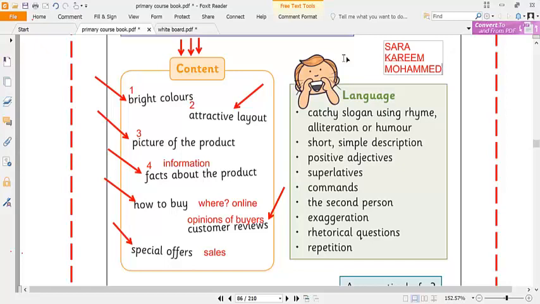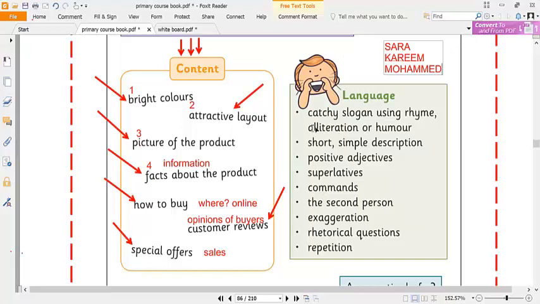Now, memorize them. Yes, I need you to name them all. Okay, who can start? I can start. Only Sarah or Muhammad?